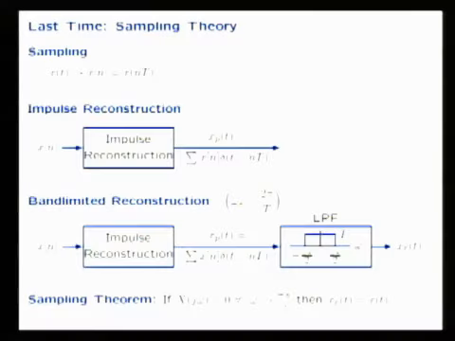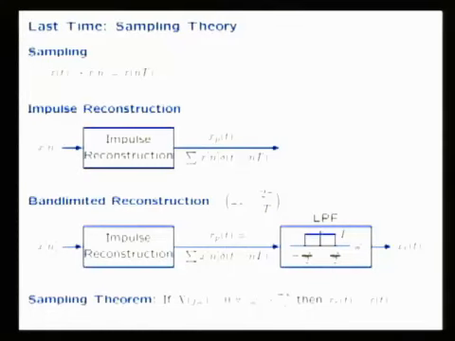So we think of two ways of doing the reconstruction from the samples, the impulse reconstruction and the band-limited reconstruction, and the key is the sampling theorem. The sampling theorem says that if the original signal had non-zero frequency content over only some particular range of frequencies, you can sample fast enough so that you can represent all of the information that's in the continuous time signal with the samples.